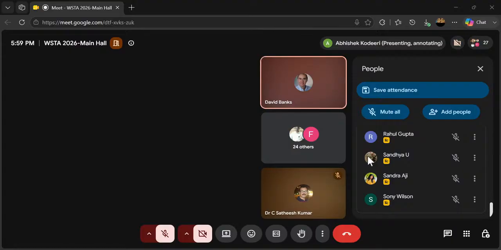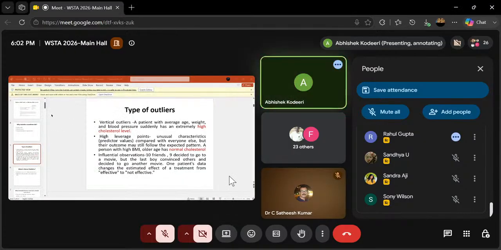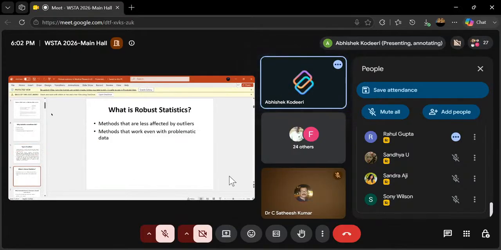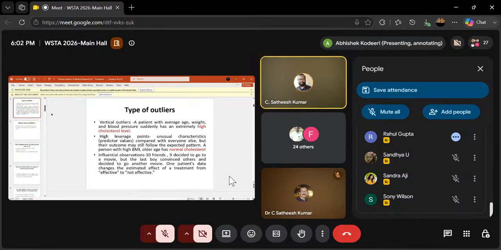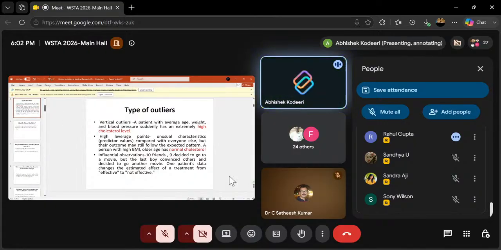Please move the slides also. Slides are not moving. One minute. Now, yeah, moving. You can make it full screen if possible. It is not moving, sir, that is the issue.